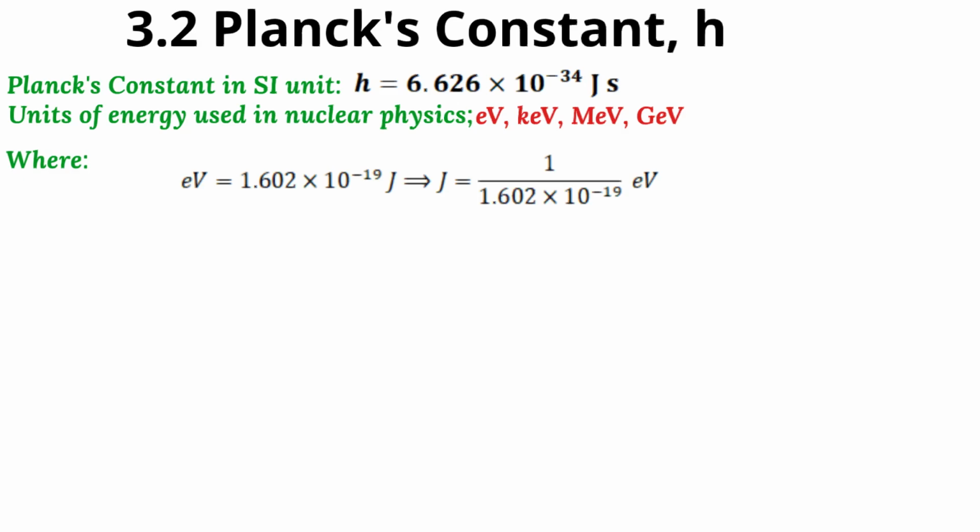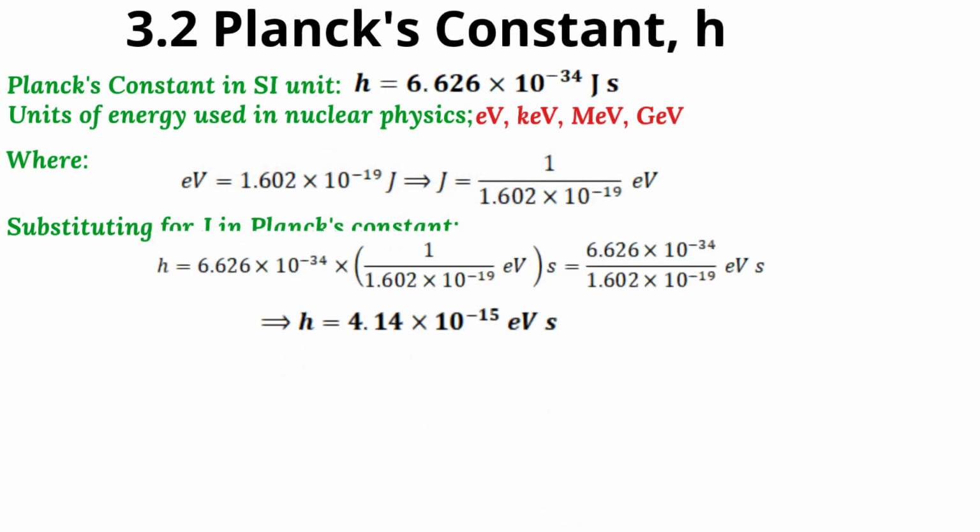If you don't know how this came about, you can consult lesson 2, where I actually talked about the derivation of these units. Or we can say that joule is 1 divided by 1.602 times 10 to the minus 19 electron volt. So if we substitute in the place of joule this value, we are going to have 4.14 times 10 to the minus 15 electron volt seconds.